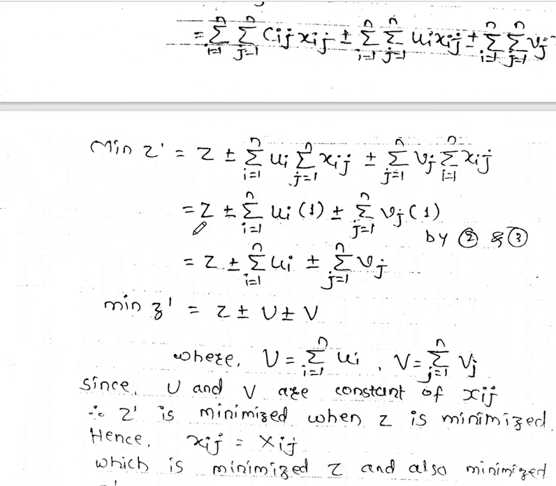So the left hand side is Z plus or minus summation i equal to 1 to n Ui, and by using the conditions, the value of this term is equal to 1.